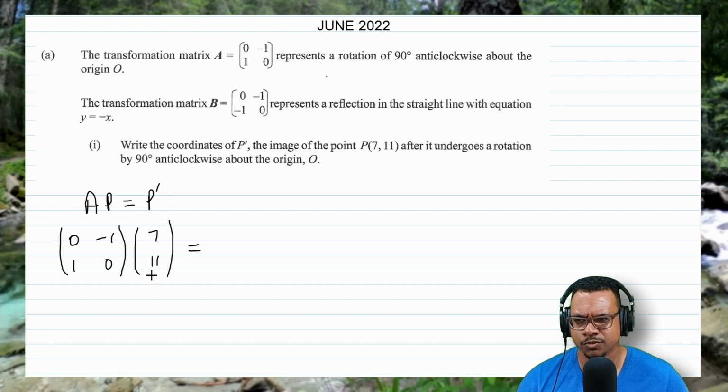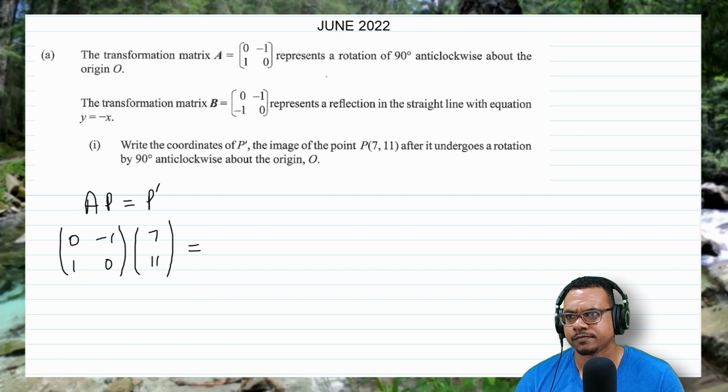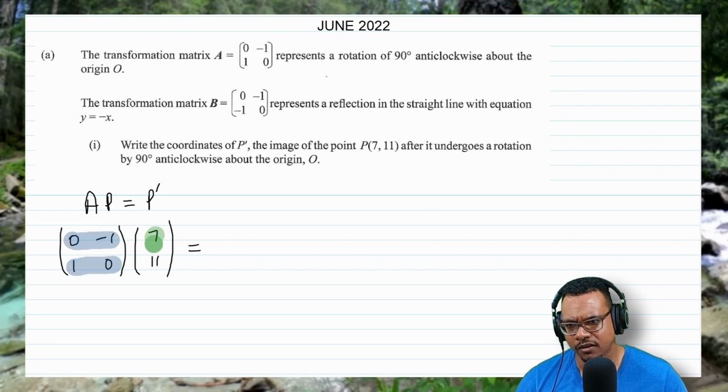Okay, so that will be equal to, we know when we multiply matrices, we multiply rows in the first matrix by columns in the second matrix. So that's the rows here in the first matrix by this one column in the second matrix. So for the answer, this row controls the top, this row controls the bottom, and of course this column here controls the single column for the answer.